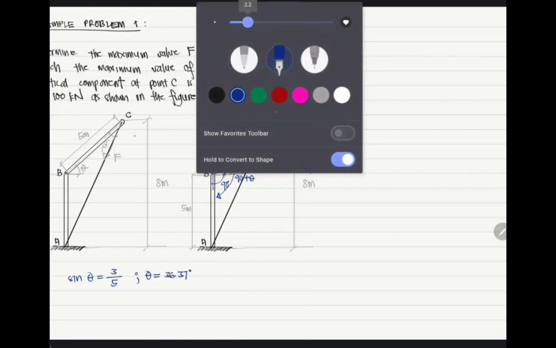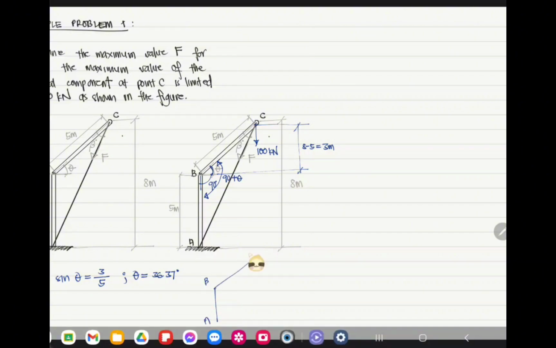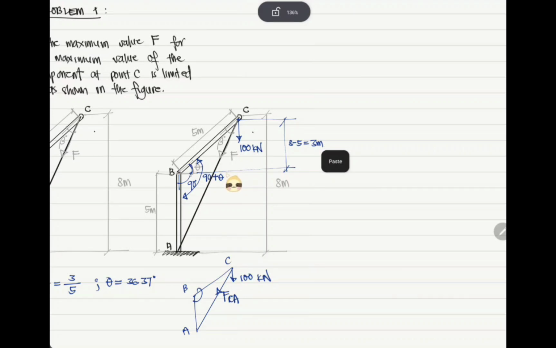If we draw this to see force F better, we have A, B, C, and the force from C to A, the 100 kilonewtons. This angle is 90 plus theta, 90 plus 36.87, which is equal to 126.87 degrees.